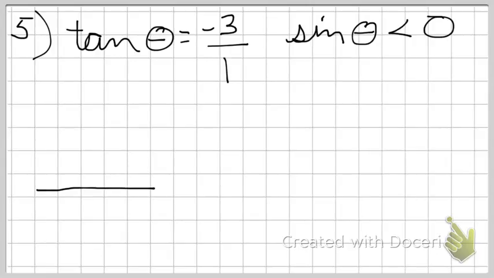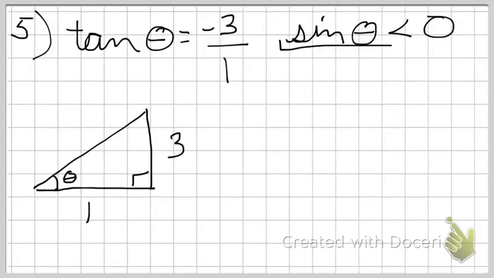Well, if I went ahead and drew my little triangle, here's angle theta, there's my right angle. Tangent is opposite over adjacent, which is 3 and 1. Now, the question is which one of them is negative, and they tell me that the sine of theta is less than 0, so that means that the opposite side is negative.